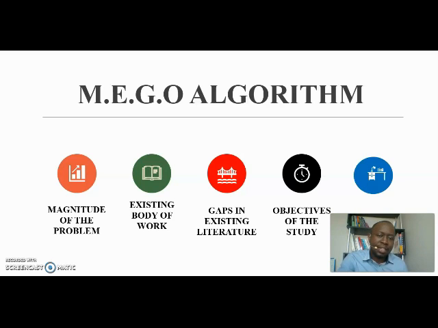All of the paragraphs are interconnected. The first paragraph also connects with the second paragraph. And now, what do you do in the third paragraph? You talk about what has not been done. For example, no one in the past has researched the association between working in the gig economy and cardiovascular disease.